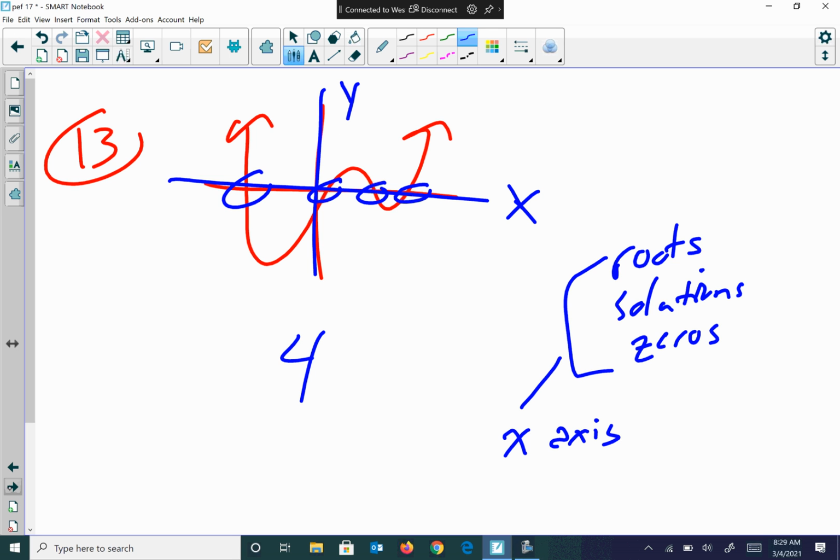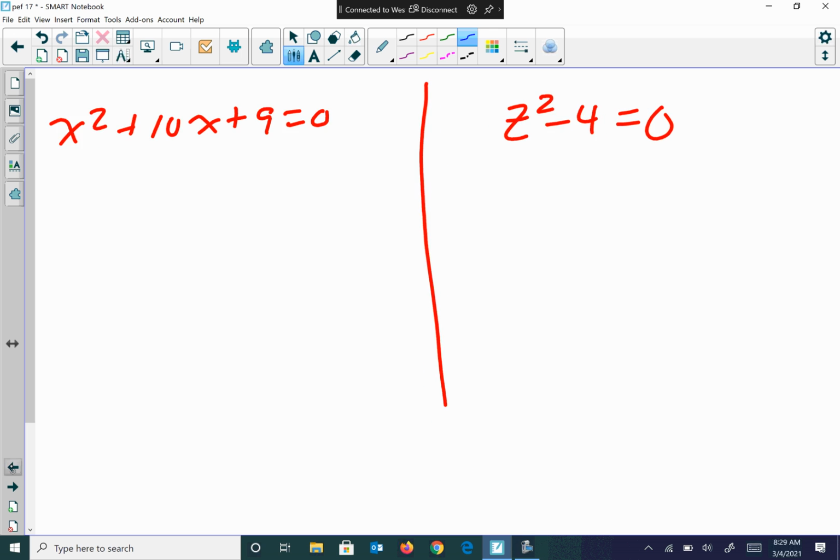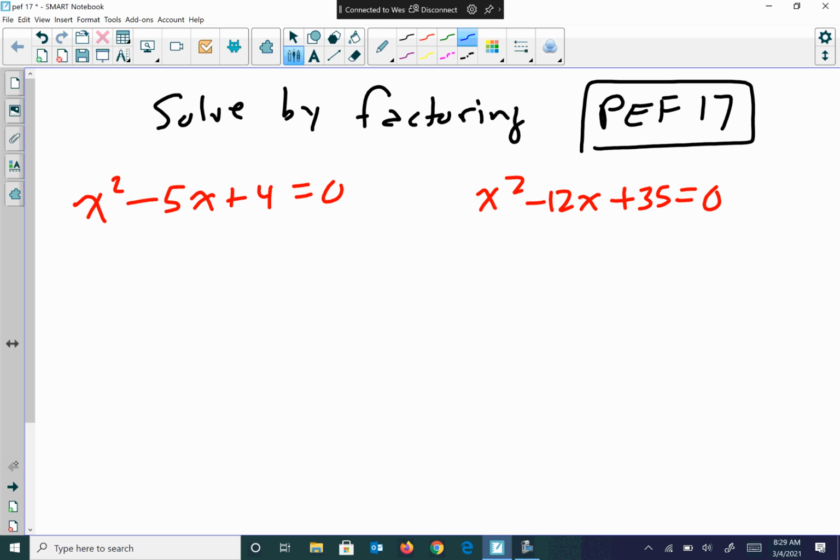So, let's go back in time on my screen. All right, so we are continuing to solve by factoring. We solve when you have the one thing given called the equal sign. If you have an equal sign, that means you're factoring it and then you're figuring out what numbers are the solution.